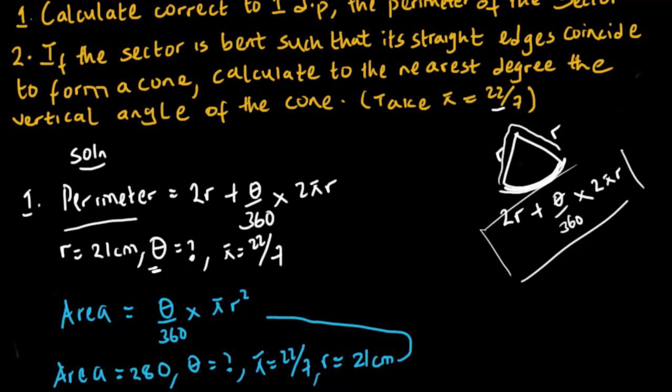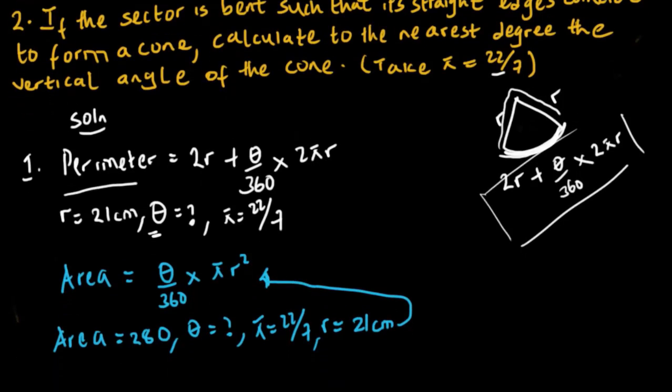Now we slot this into the formula to be able to find theta. The point of this whole thing is that for any formula, there should be only one unknown. If there are two unknowns, there's no way you can find them. For perimeter, we don't know perimeter and we don't know theta, so there's no way we can do that.